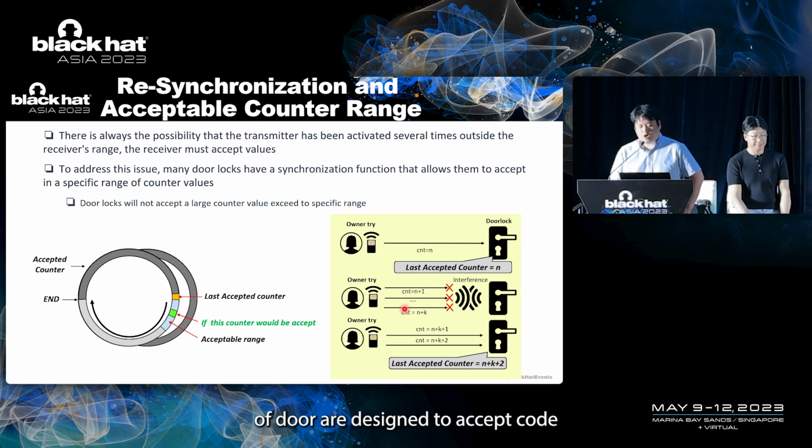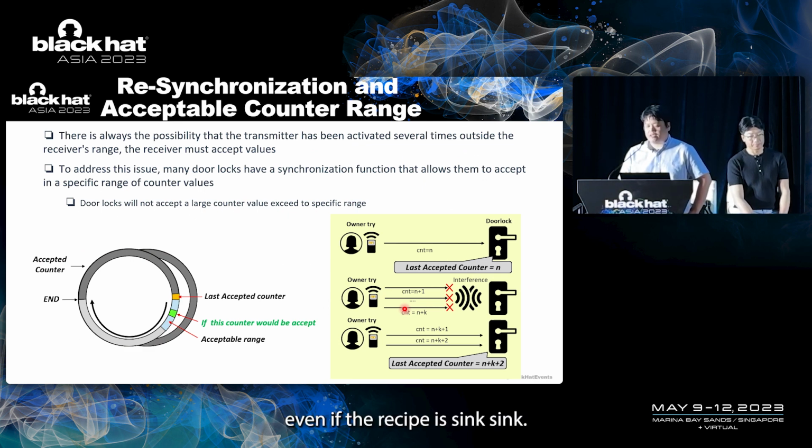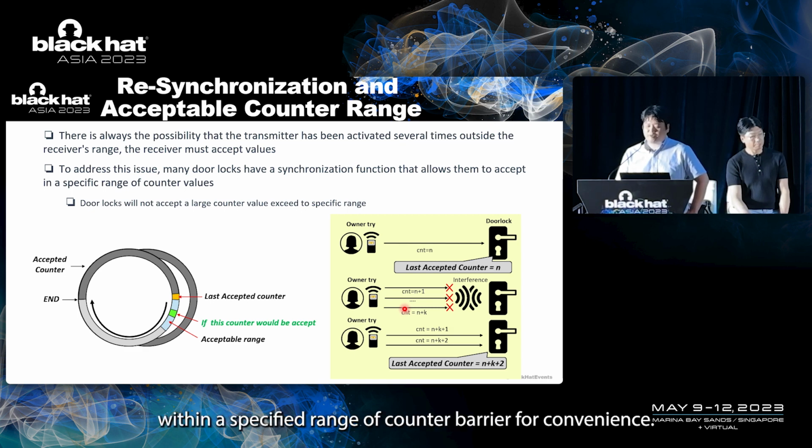But most door locks are designed to accept the code even if the received synchronization counter values are not strictly consecutive, because this ensures the code is accepted even if the transmitter has been pressed multiple times. However, this synchronization feature is designed to accept values within a specific range of counter values for convenience.